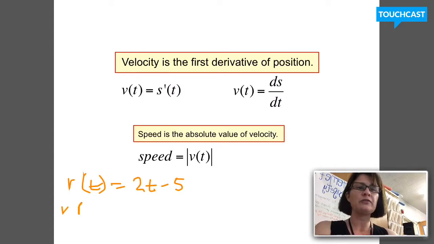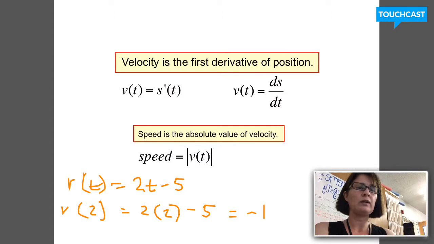So first I need to find the velocity at time 2. Plugging 2 in for t into the v function, 2 times 2 minus 5, which is -1. So the speed at time 2 is equal to the absolute value of v of 2, which is the absolute value of -1, which is +1. That's the answer there.